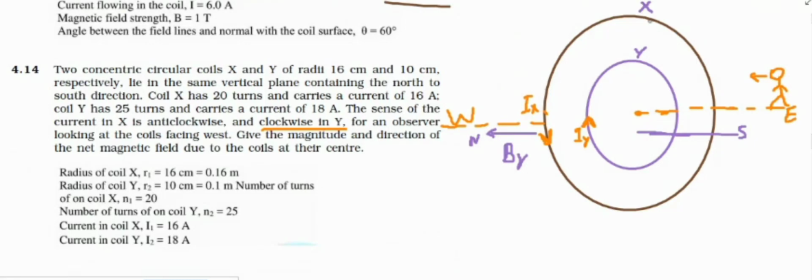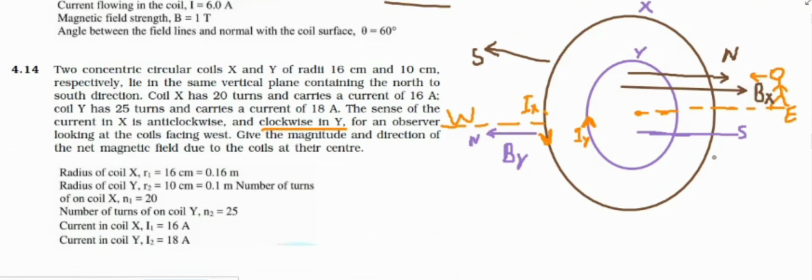Now for coil X, he is observing anti-clockwise direction. Therefore, for coil X, the side which he is facing is north pole, and the other side is south pole, and the magnetic field is from south to north inside. So the direction of Bx is towards the observer.